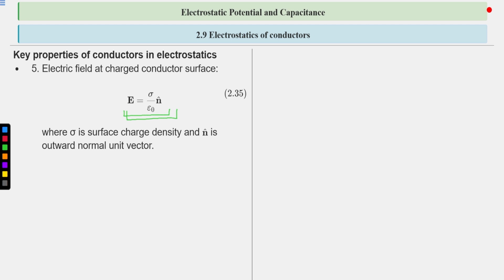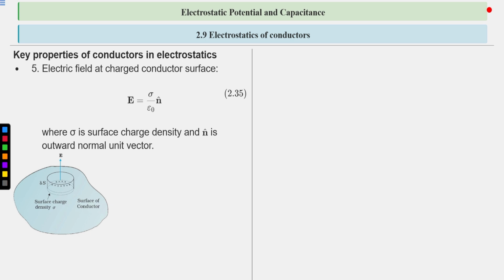Sigma is the surface charge density, Q upon area, epsilon naught is a constant, and n cap is the outward normal unit vector.